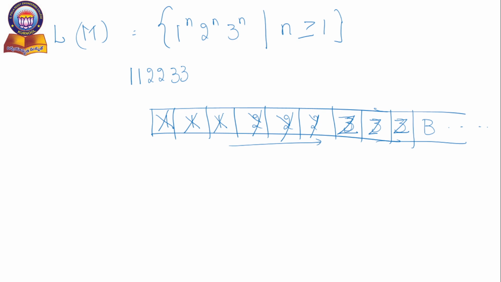After the Ys are completed, immediately we have to get a Z. Then it indicates that the number of 2s is also correct. Next, we have to scan over all the Zs to encounter the blank symbol. So immediately after the Zs are over, if you get the blank symbol, then the string is in the correct format and the machine enters into the final state and the string is accepted by the machine. This is the logic.